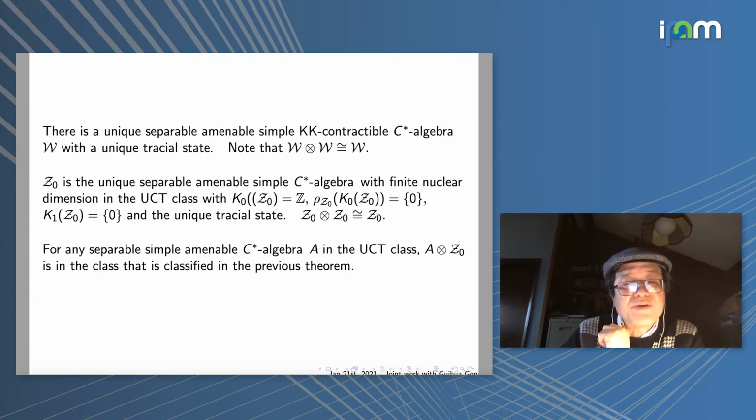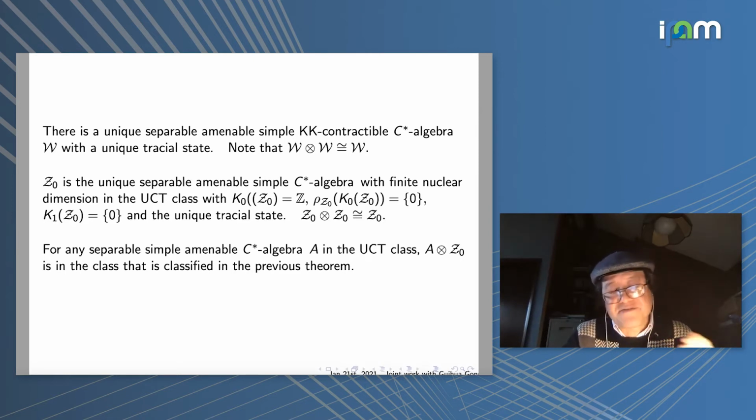And moreover, you take any separable simple amenable C-star algebra A in the UCT class, A tensor Z0 is in the class that is classified by the previous theorem. So there is a large class there, and they hit all the possible invariants.